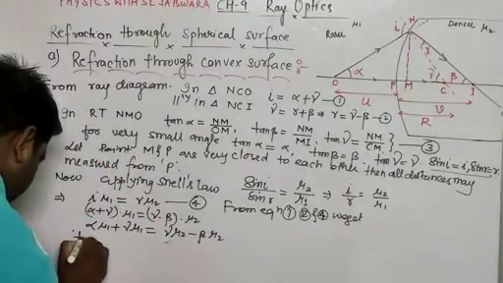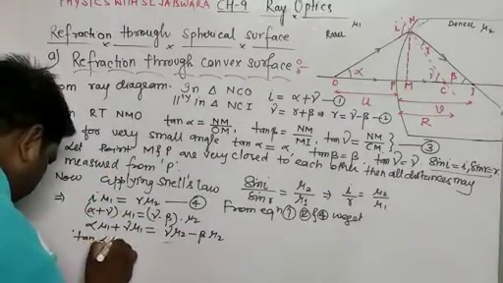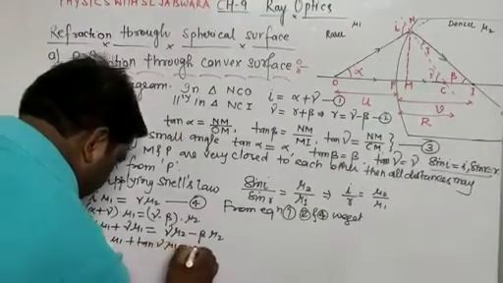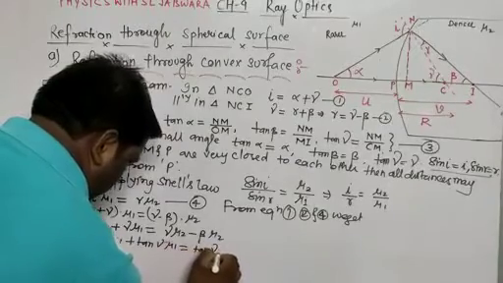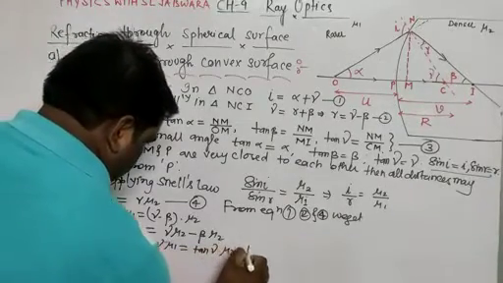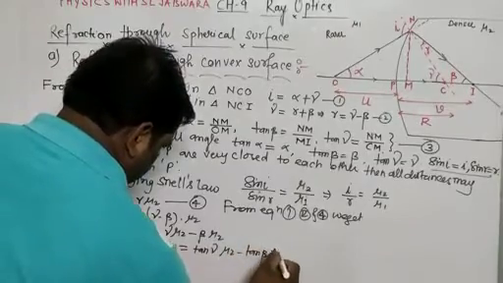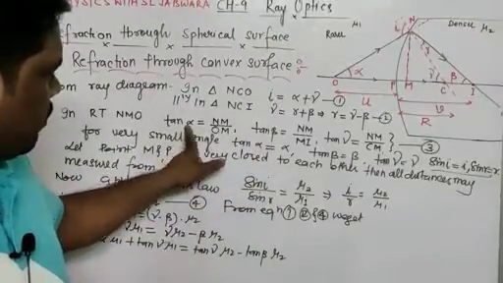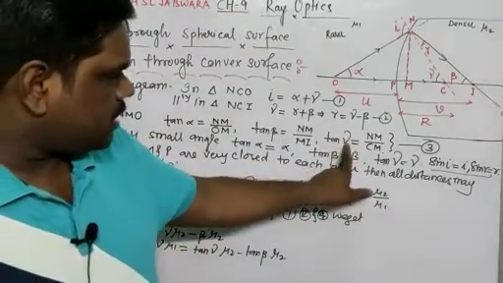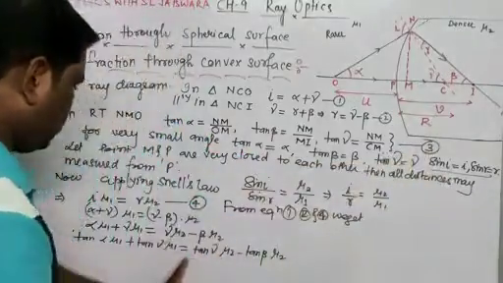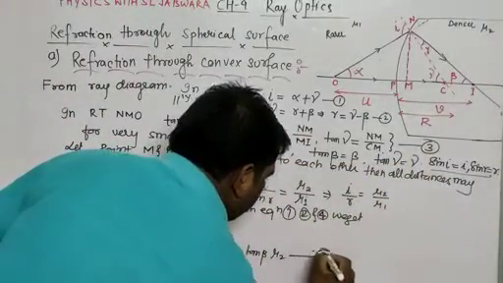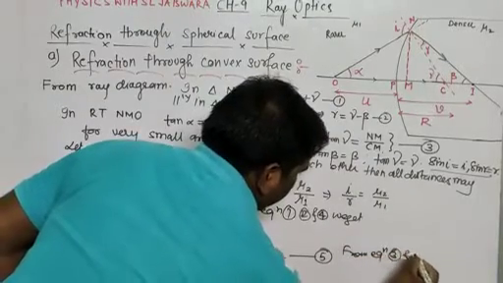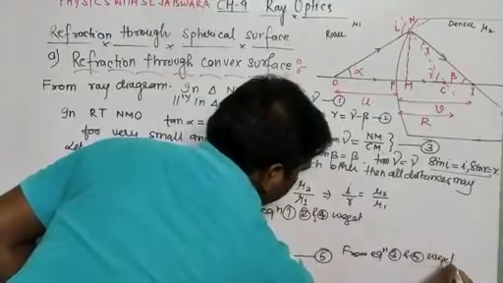This can be written as tangent of alpha mu1 plus tangent of gamma mu1 is equal to tangent of gamma mu2 minus tangent of beta mu2. Let us substitute the values of tangent of alpha, tangent of beta, tangent of gamma from the earlier equations, equation 5.